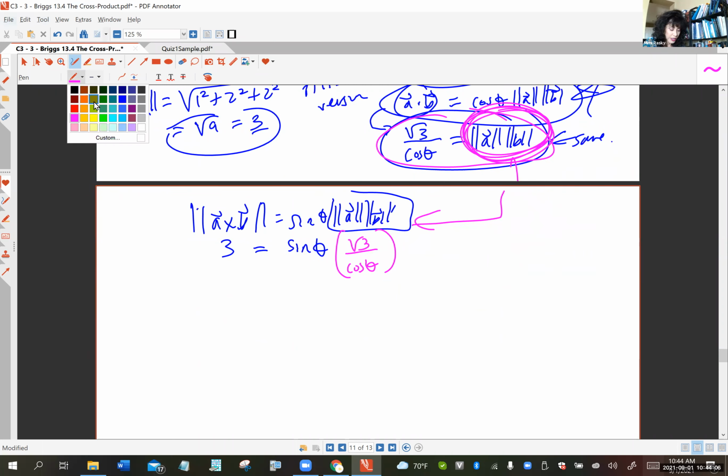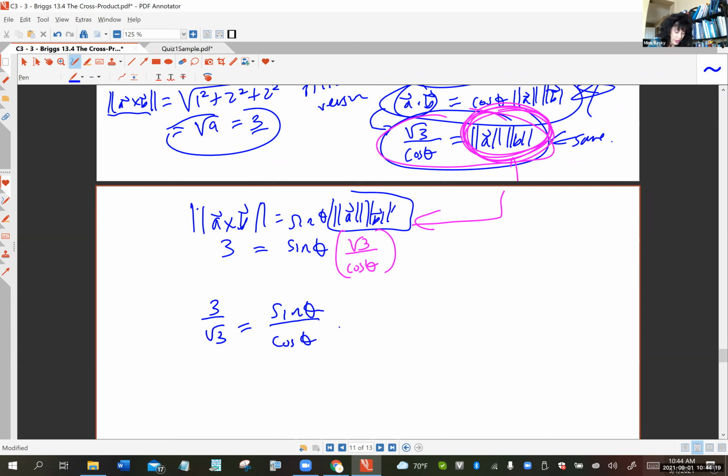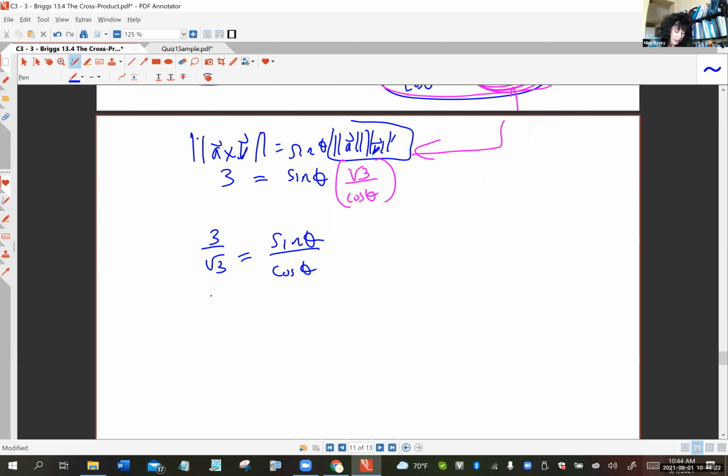So now what? You're going to use this mess right here to solve for theta. So first I'm going to divide both sides by square root of 3. So then I'll have 3 over square root of 3 is this quotient, sine over cos. But sine over cosine is tangent.